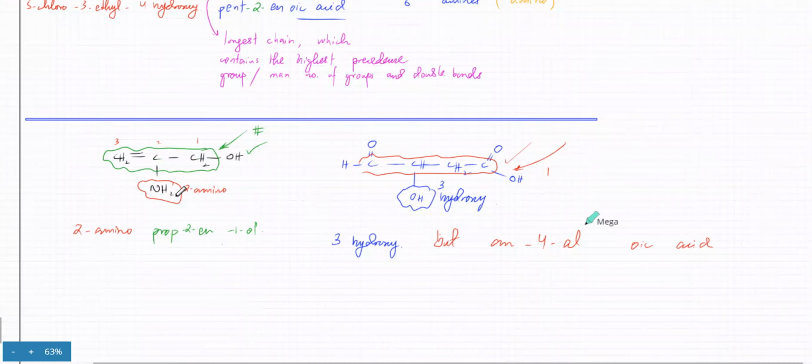OH and NH2 get converted into branches, and you add the branches alphabetically in front of them. Numbering is always done to give the smaller number to the most important group. Okay, so this is how you name molecules, and that's pretty much it.